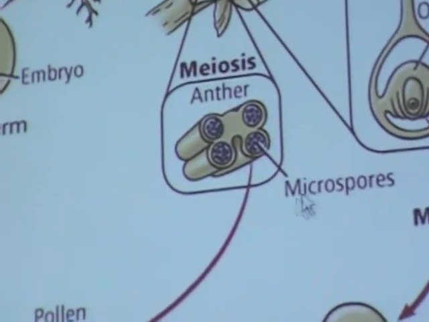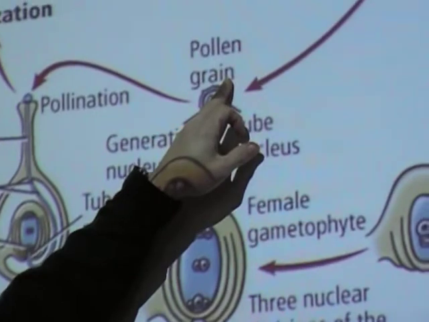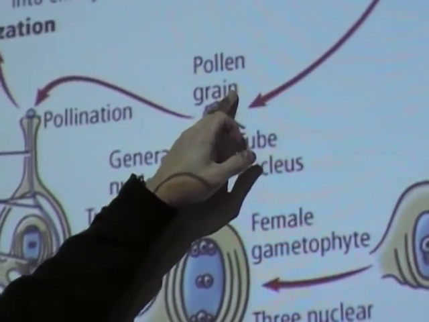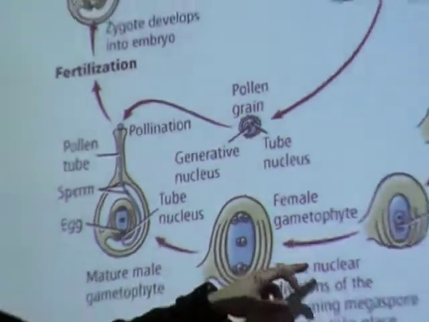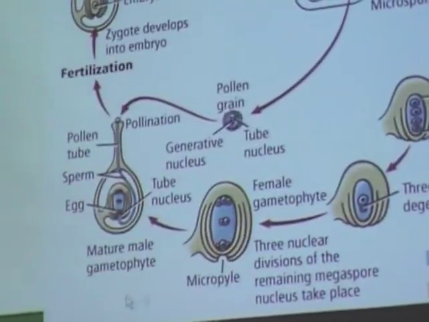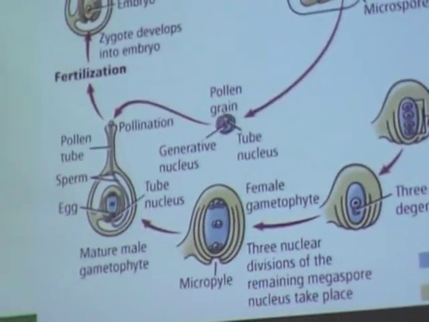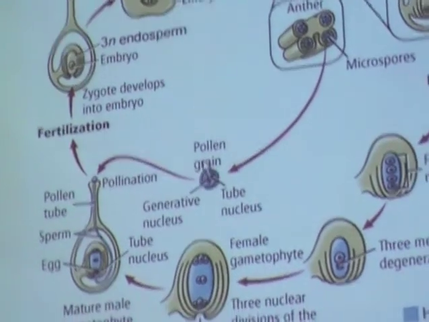Meiosis produces the microspores, and those microspores form into what we call pollen grains, just like what happened in the pine life cycle. And inside each pollen grain are sperm cells. So the anther forms the pollen grains, and inside the pollen grain are sperm cells.